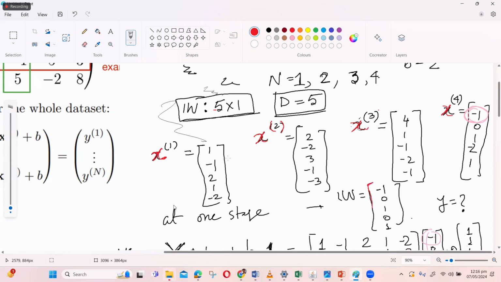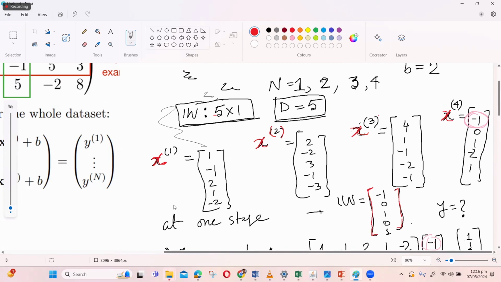This is your W. And what is b for this problem? Again, b equal to given 2.